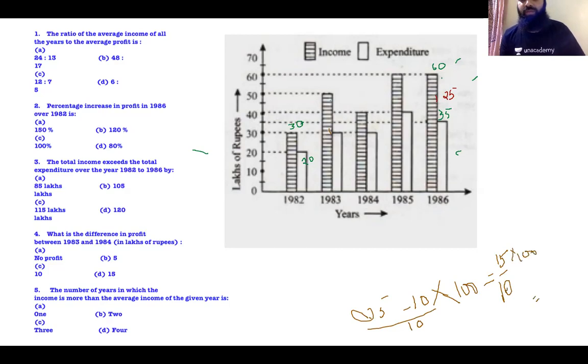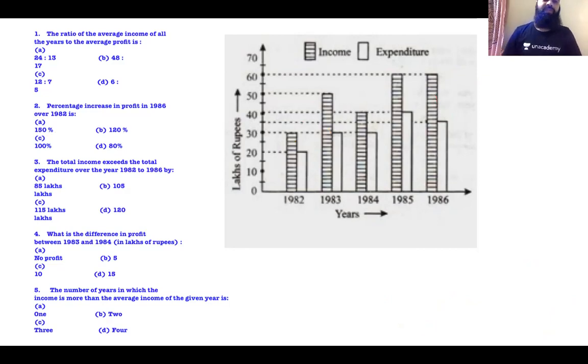So this will be 3 by 2 into 100. So this will be 150%. So the correct answer is answer option A. Are we clear with the second one? Anything that you want me to repeat? Shall we go for the third one? Yeah? Okay.